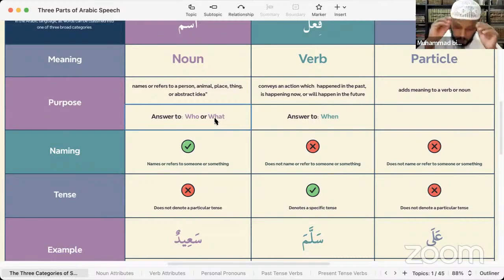Why? Because, barakallahu fikum, this will help you when you're reading an Arabic sentence, because most of the time it's either one of two things. Either you know the meaning of the word or you don't. صح? And let me tell you guys. If you're reading an Arabic sentence and you come across a word, either you know the meaning of the word or you don't.